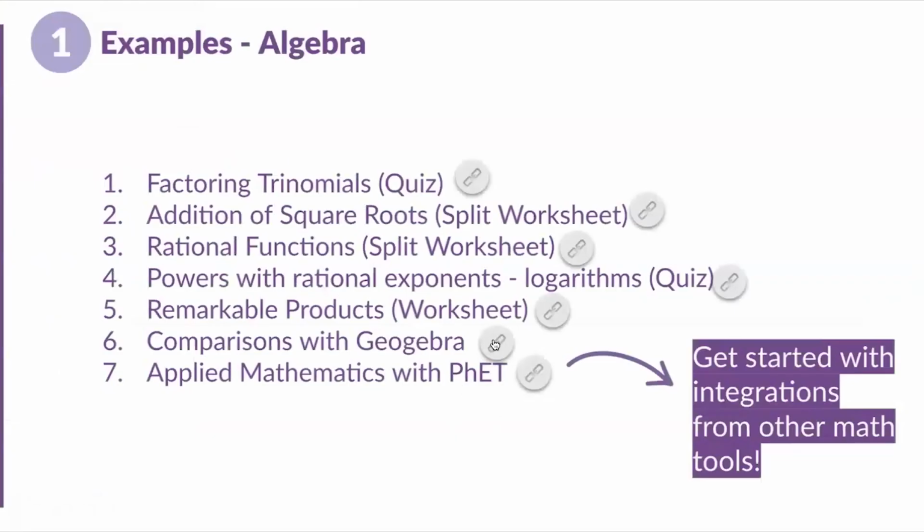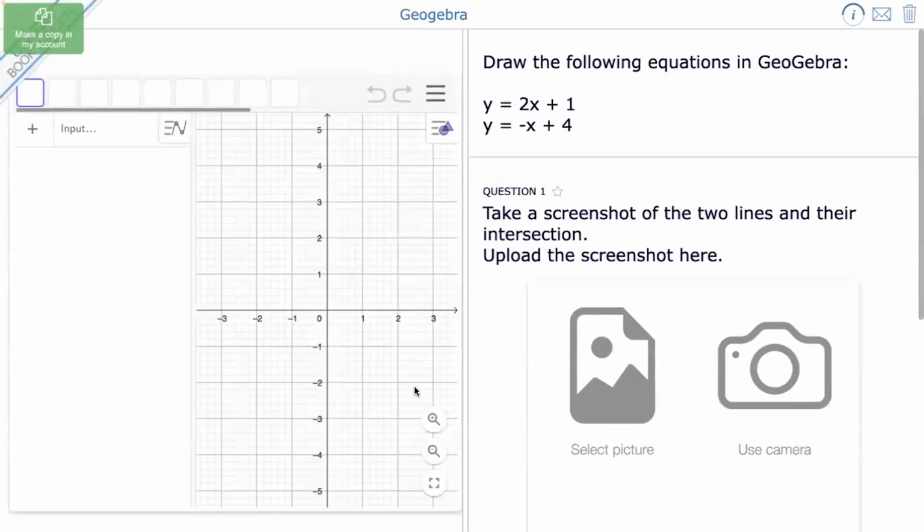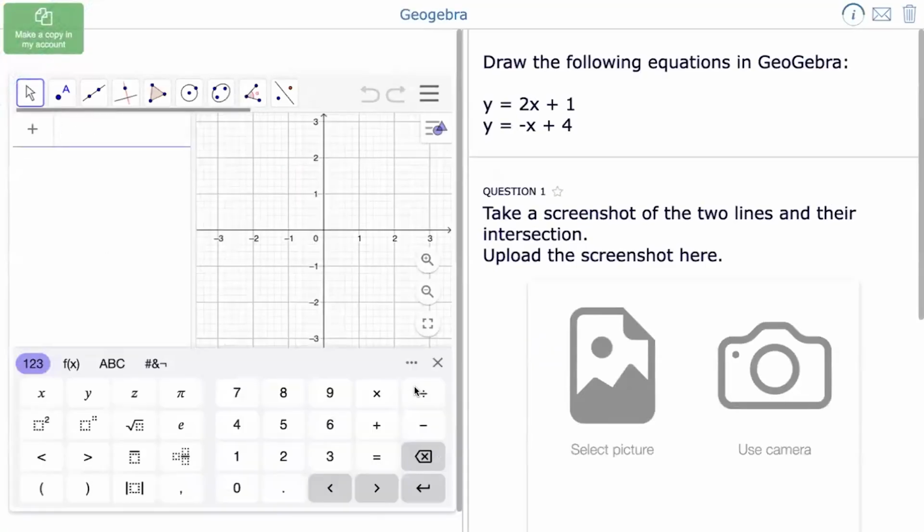Two other ones that are very good to show are the comparisons with GeoGebra. So you can do an integration with GeoGebra by just finding the good GeoGebra sheet view that you want.